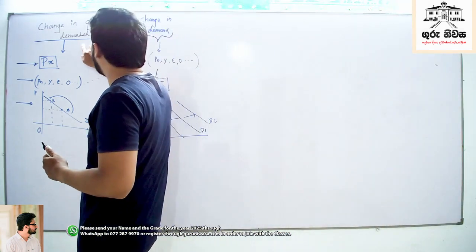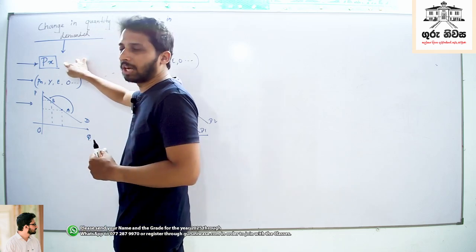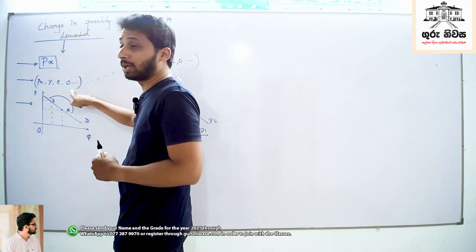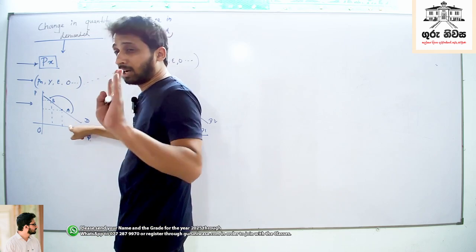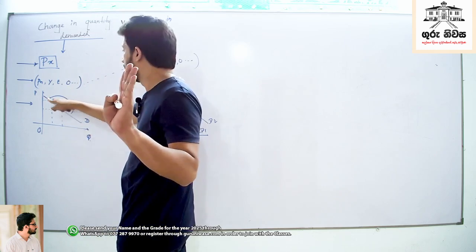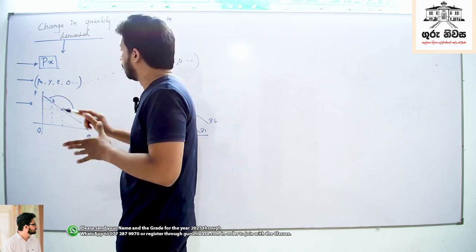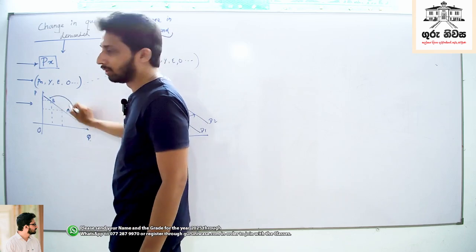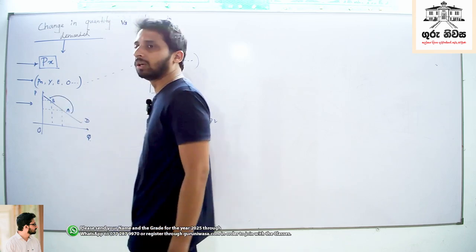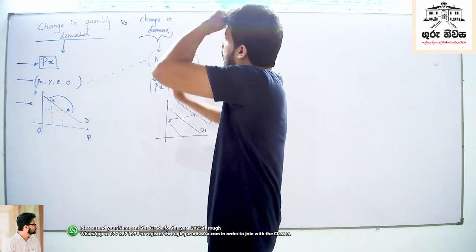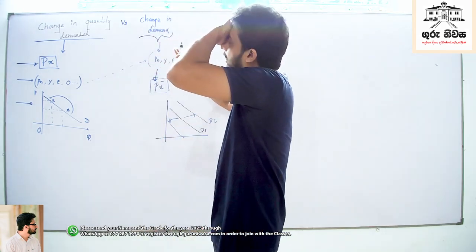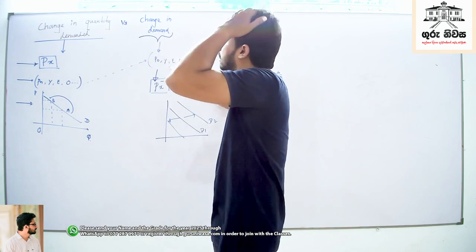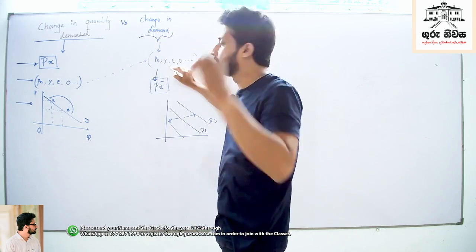Change in quantity demanded is caused by a change in the price of the product while other factors remain constant. Here, the demand curve does not shift. There's only one demand curve, but on the demand curve, points are moving along the curve. When it comes to change in demand, it is caused by a change in other factors.